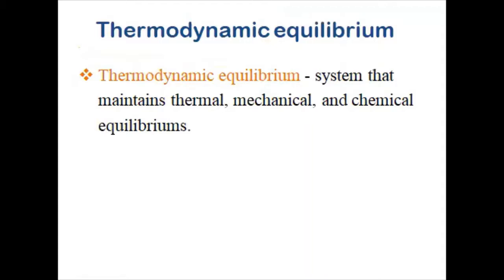In other words, a system is said to exist in a state of thermodynamic equilibrium when no change in any macroscopic property is registered if the system is isolated from its surroundings. So thermodynamic equilibrium is made up of three equilibria: thermal equilibrium, mechanical equilibrium, and chemical equilibrium.